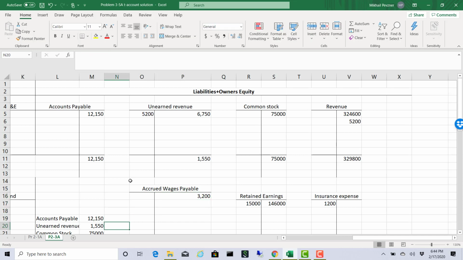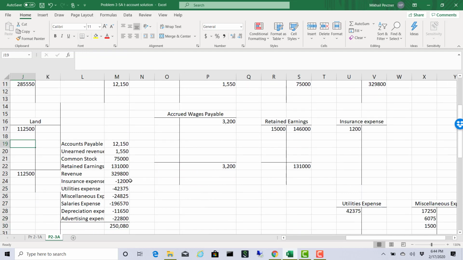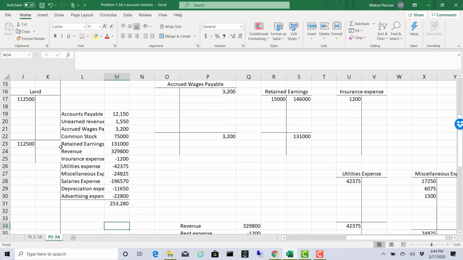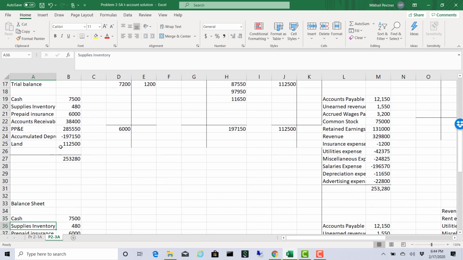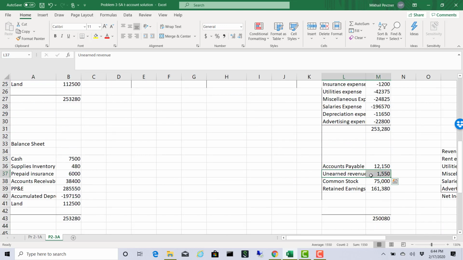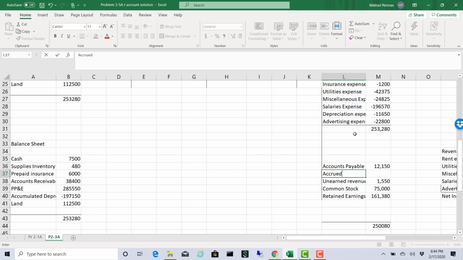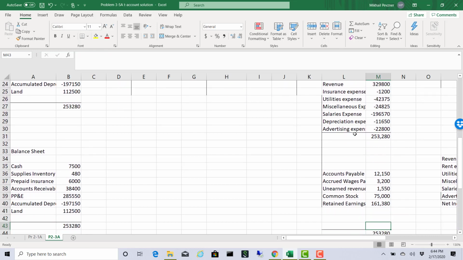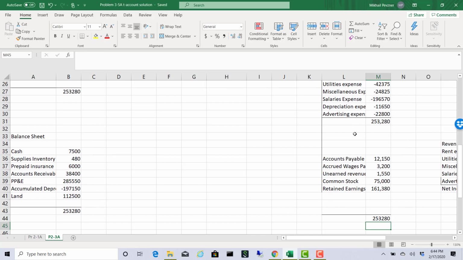So now I need to add another line here, and over here we'll also need another line.